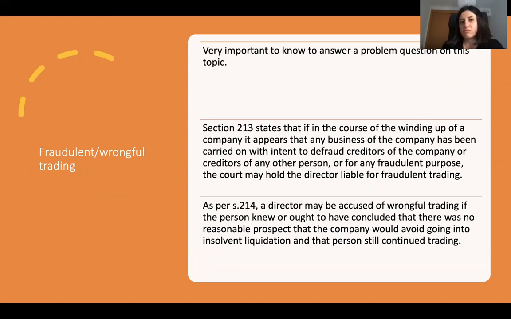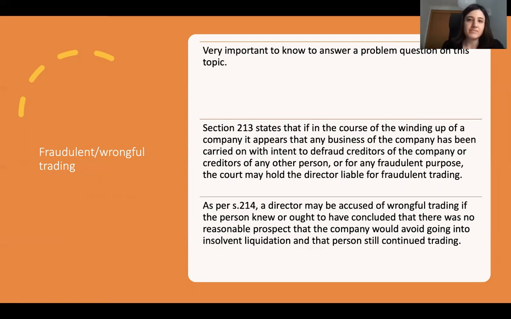For example, when you're a director, you have certain duties, right? And if you see that the company is doing very badly and you keep making expenses that make the company even worsen its financial situation, it can be argued that you're in wrongful trading. So that's the kind of circumstances that will come under this heading, fraudulent and wrongful trading.